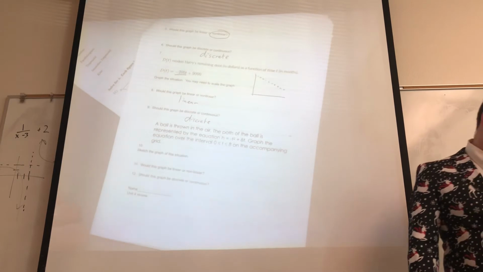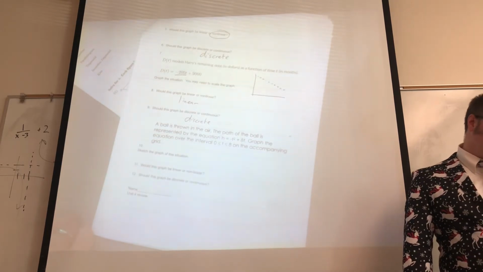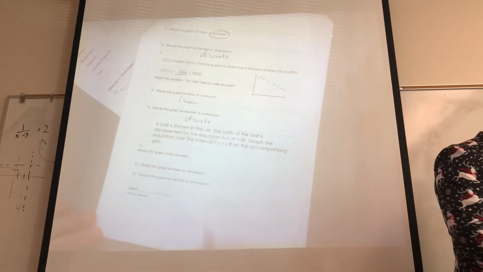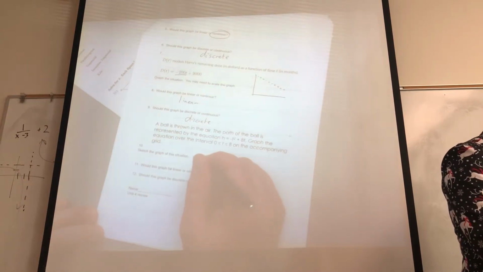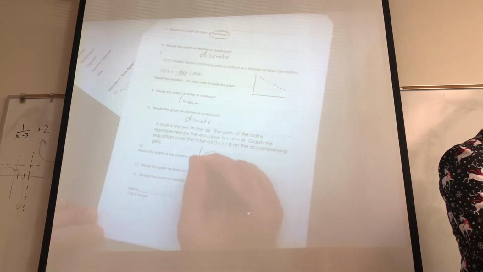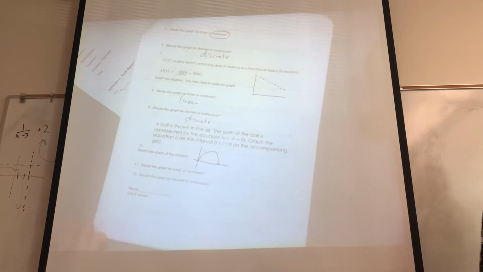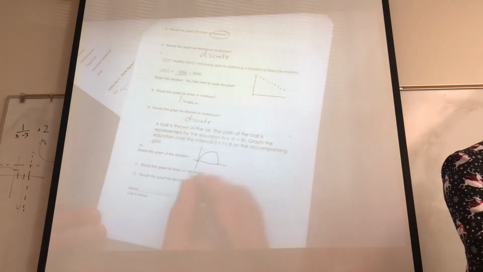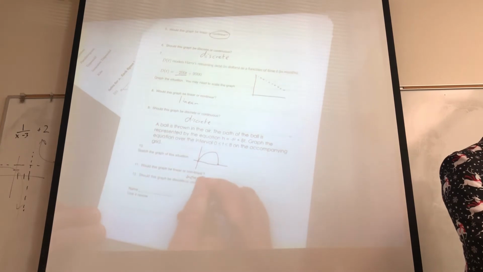A ball was thrown in the air. The path of the ball is represented by the equation negative t squared plus 8t. Graph the equation on the accompanying grid. Sketch a graph. It looks like this. Okay, this would be 0, 0, and this would be 8, 0. And it kind of goes like that. The ball goes up in the air, comes back down. Would this be linear or nonlinear? It's nonlinear.